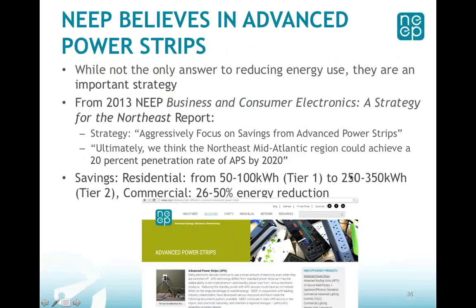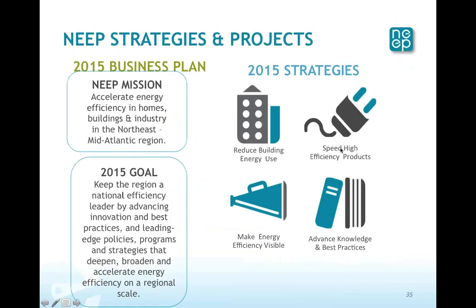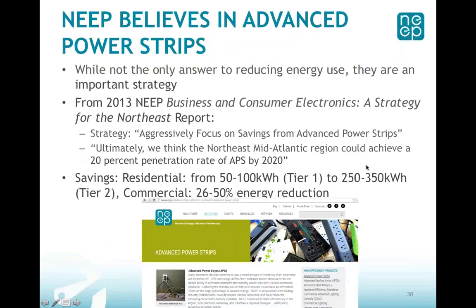We have several different strategies, but I work mostly in our speeding high efficiency products work, and that is where I came to get to know the advanced power strip. To put it broadly, NEEP really believes in advanced power strips. We think they are a really useful tool towards reducing energy use. They're not the only answer, but they are an important strategy, and it's a technology that is developed, available, and underutilized.